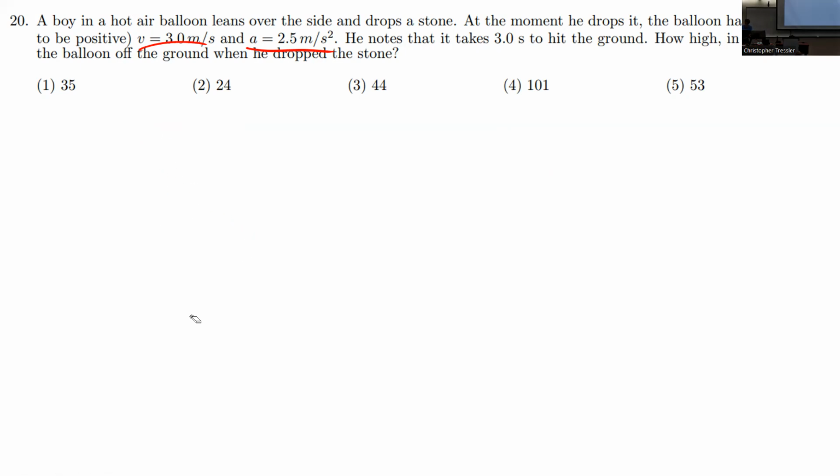We actually do have time. Okay, so we have time. So we're going to do, yeah, he dropped it. The initial velocity when he drops it is still going to be 3, but the acceleration will be negative 9.8.